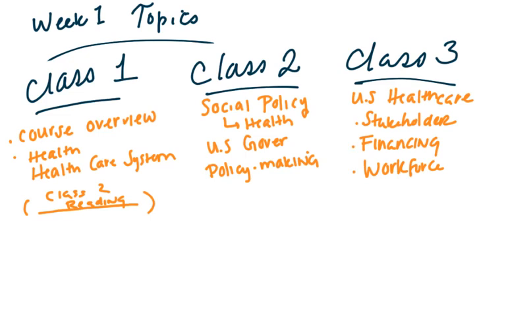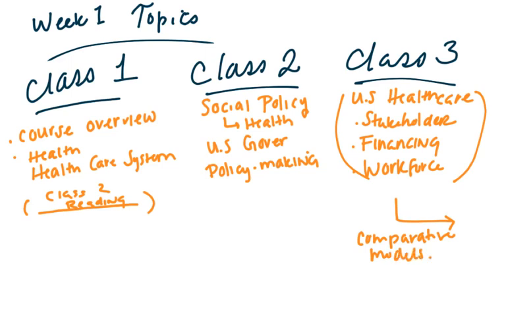Now, each of these key parts of the system will serve as building blocks with which we can compare the U.S. with other countries. So we'll just do a general overview here of the structure of the healthcare system to prepare us next week for talking about the comparative models that exist for healthcare.